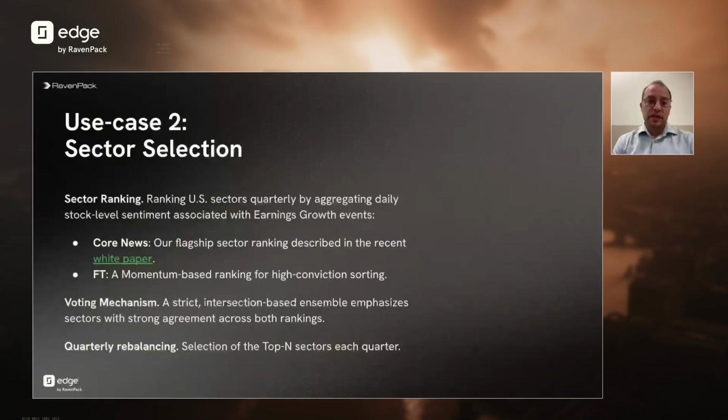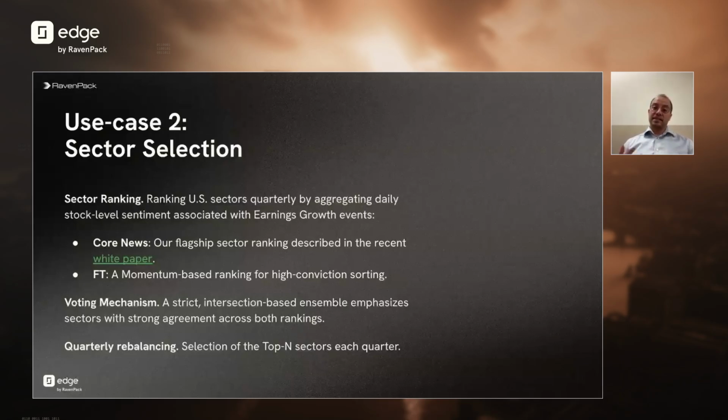Moving to the second use case, we're actually moving from a faster signal to a much slower signal. So this is a strategy that works with quarterly rebalancing. We are coming up with a sector rotation strategy where we are aggregating also daily stock level signals. So we build sector sentiment from the bottom up.